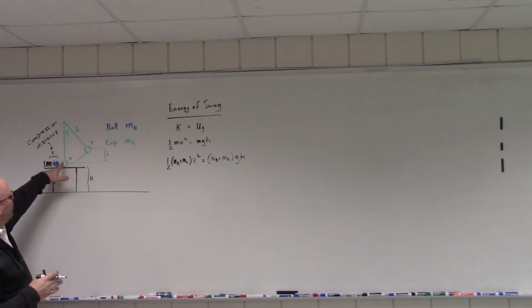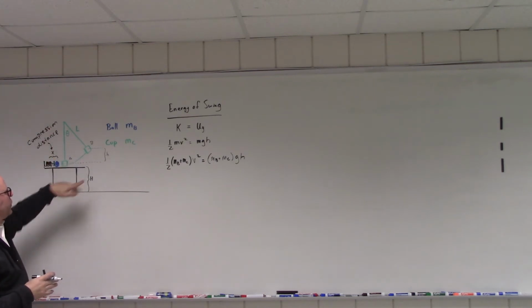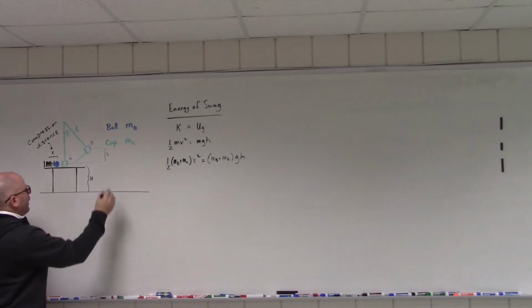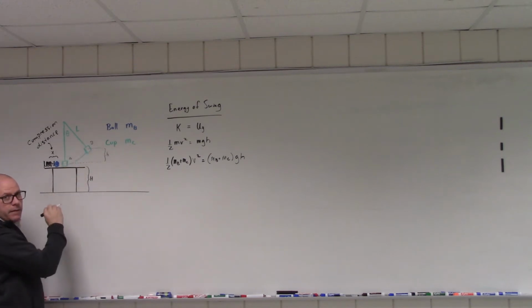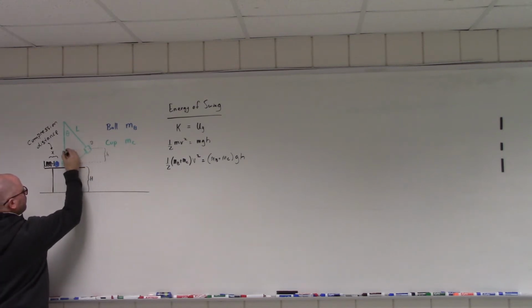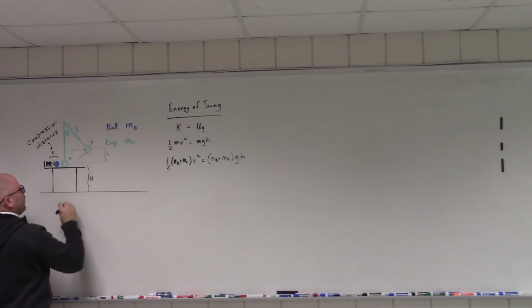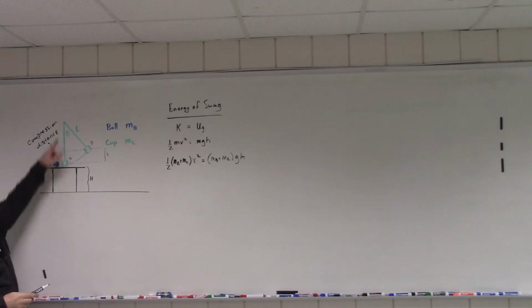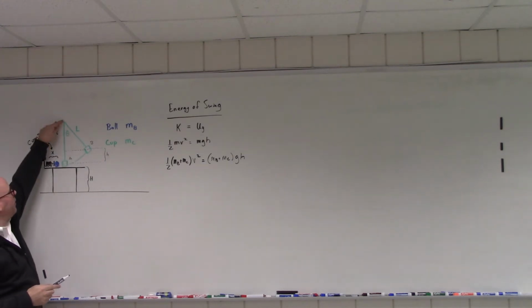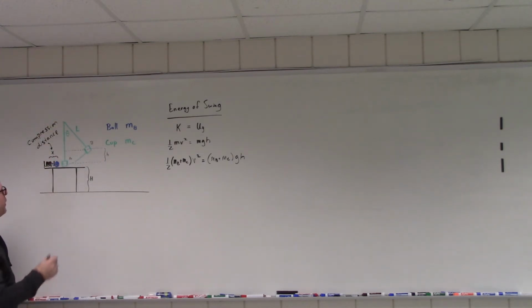So when I look at this problem, how am I going to figure out the h? Well, if I extend my dotted line back to the boom arm, what I'm noticing is that the boom arm has length L. The boom arm also has length L here.